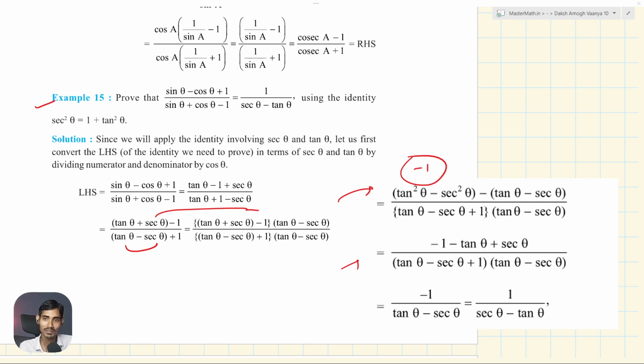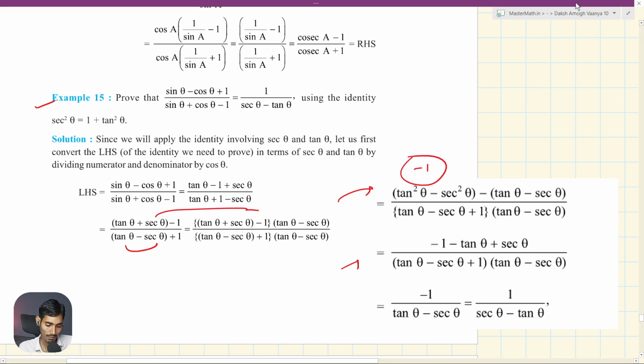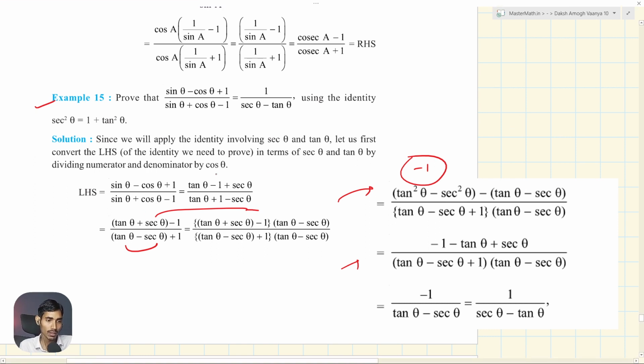Yes, Sir, Daksh. After we convert tan theta plus sec theta minus 1 and tan theta minus sec theta plus 1. What after this? So this is first step, tan theta plus sec theta minus 1? 4, 5, 6. Which step? So fourth step. Fourth step.